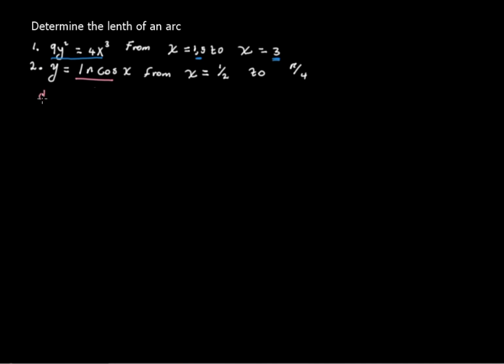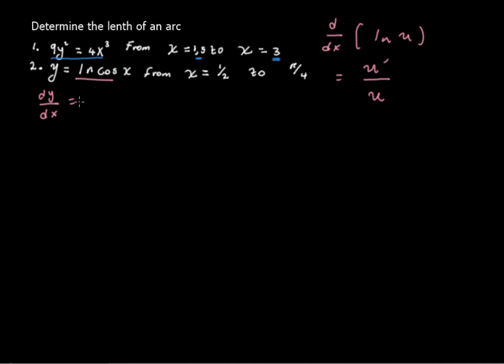So dy over dx equals, remember that during your lessons on finding the derivative of a function involving the natural log, when you take the derivative of a function which is ln u, you say the derivative of u over u. Even here you do the same thing.